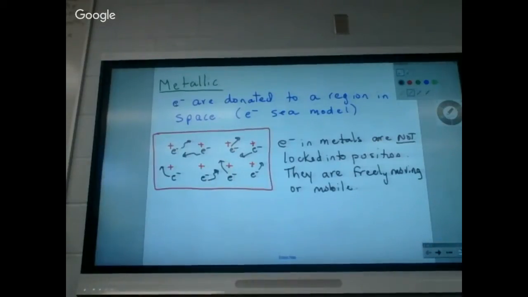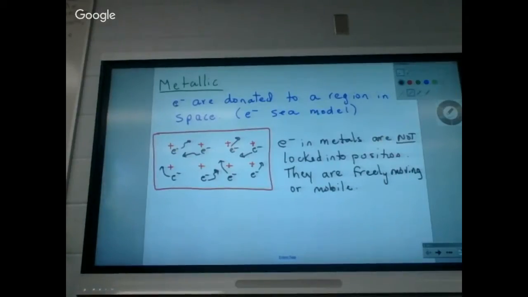They are freely moving, or mobile. That's the reason that we refer to it as the sea model. You can think of them sort of as a sea of electrons. They're able to go wherever they wish to go.